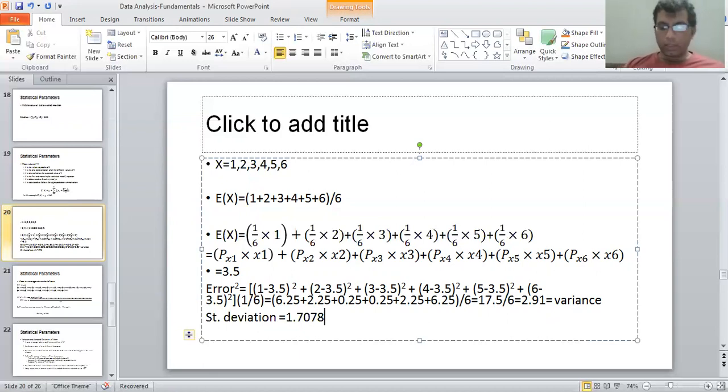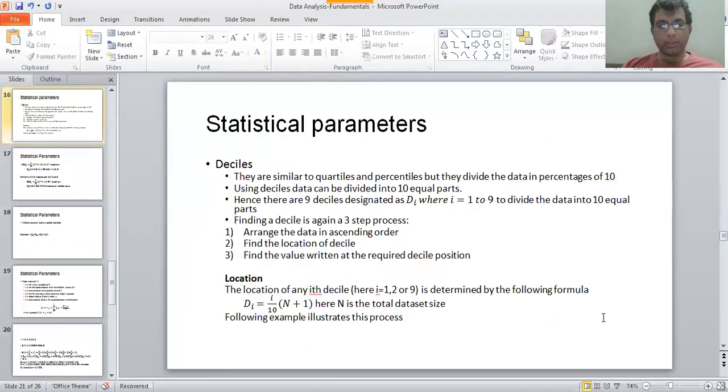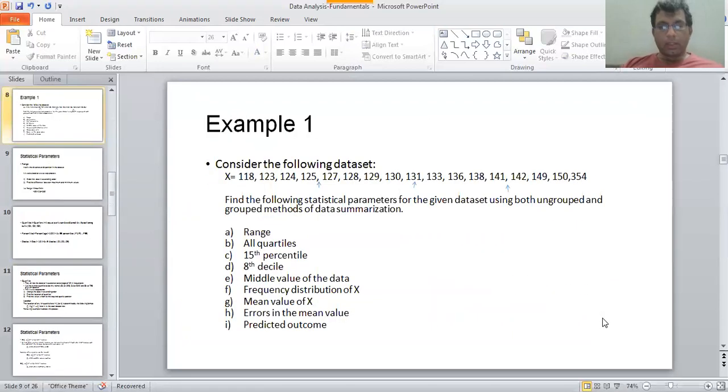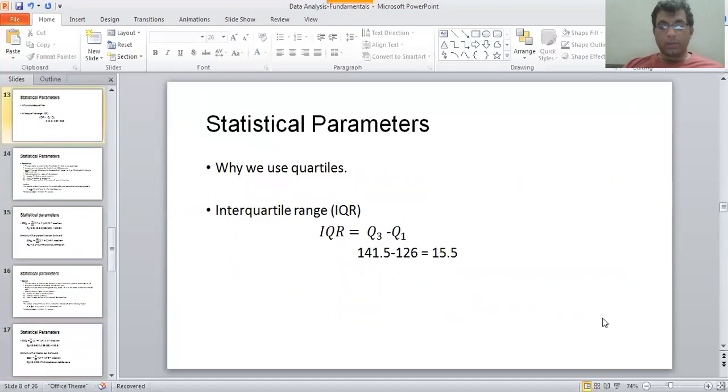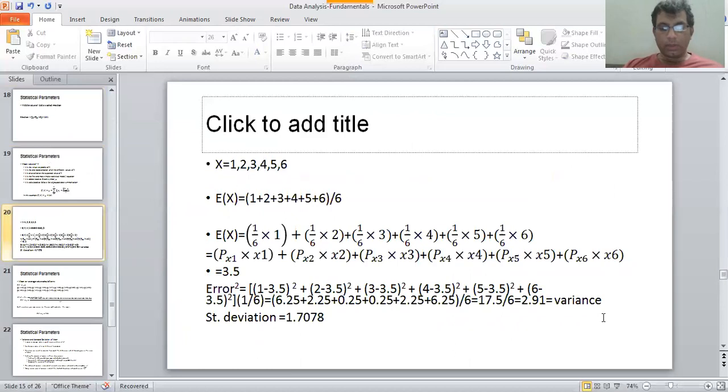If we apply the same thing to the data set that we were working on, with these x values, we just found the mean of it, which was 134.